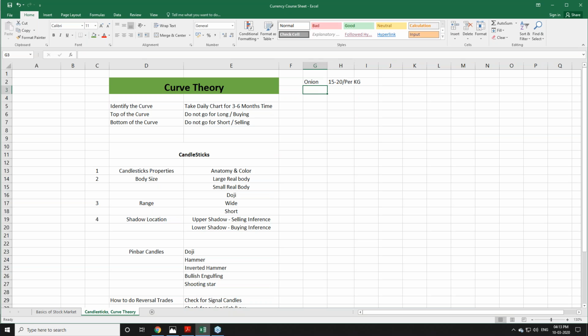Suddenly the same onion goes to 100 to 150 rupees per kg. We know that 15 to 20 rupees is a normal price, and 100 to 150 rupees per kg is a very high price.